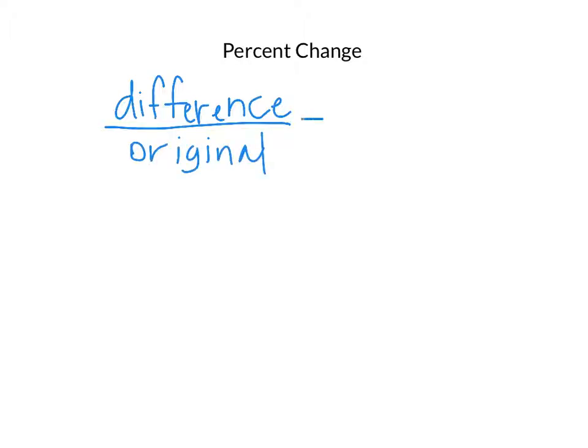And that will give you a decimal, and to turn any decimal into a percent, we multiply by 100. And then you need to say whether it's an increase or a decrease. That's simply looking at the numbers and seeing did they go up or did they go down.